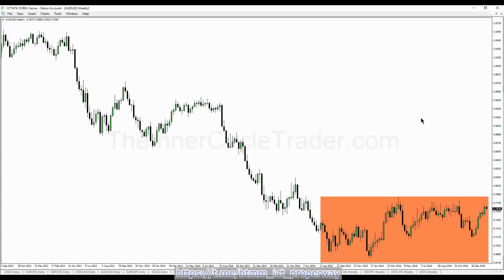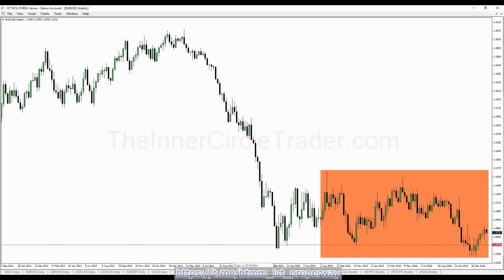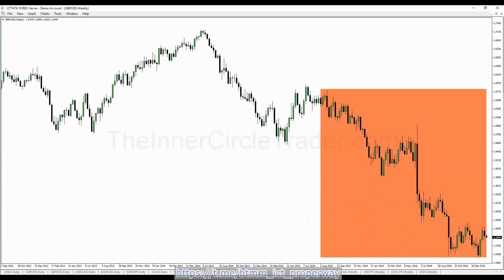When you compound it, and we will teach this stuff in the mentorship, but when you compound these ideas, for instance, look what we have here. We have the Aussie dollar, or the Australian dollar, being kept in a range. So is euro. But look at this.